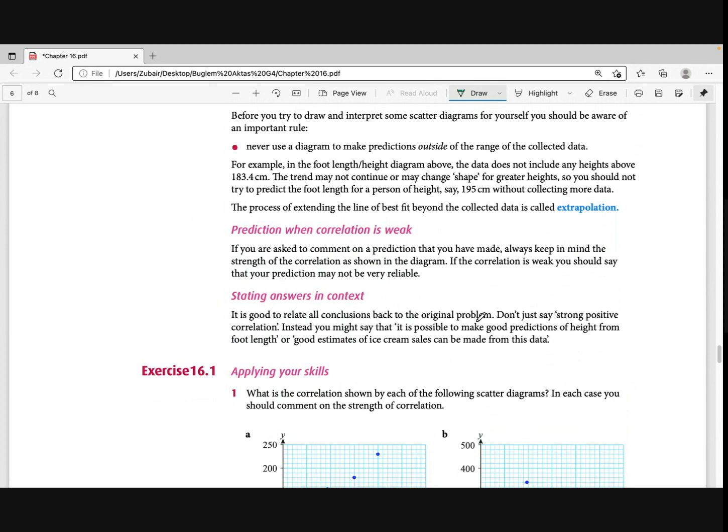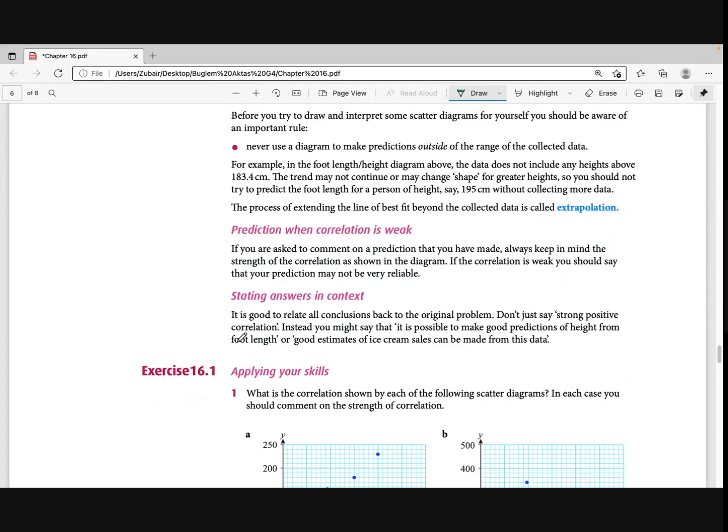So you said that the data is fairly reliable because maximum points are close to the line. So we give the answers and we choose our words depending on the given information. We're not giving anything personal. We are strictly using the data to explain.